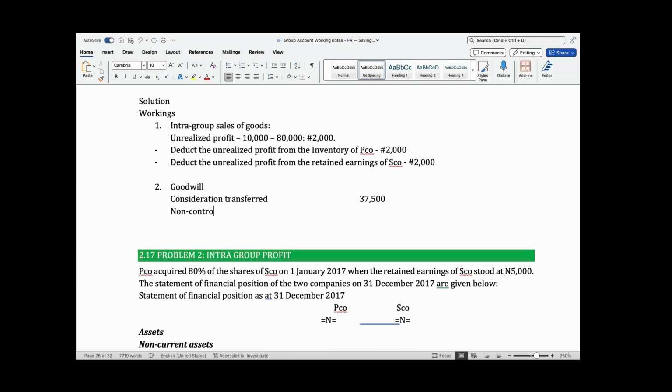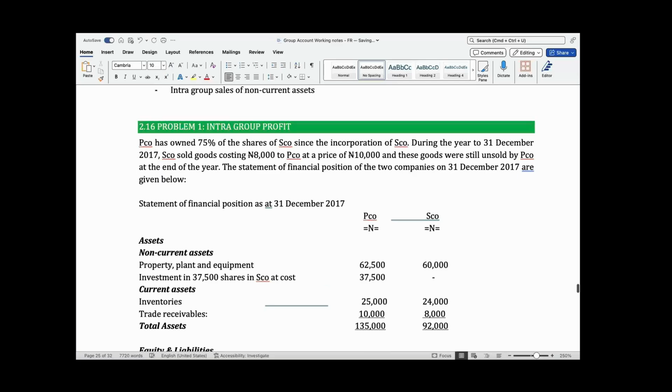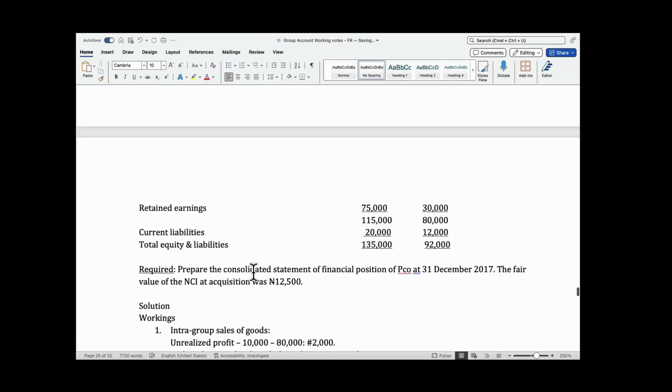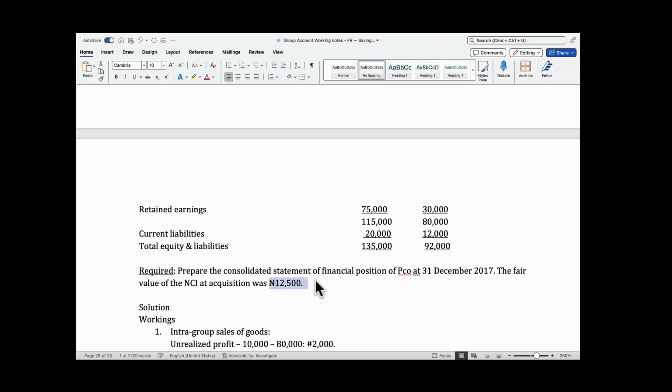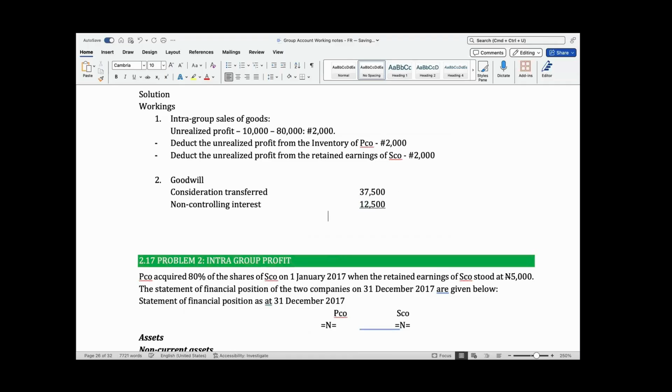Then non-controlling interests. The non-controlling interest is measured at fair value. They give us 12,500. So NCI 12,500. The addition of the two will give me how much? This 50,000.